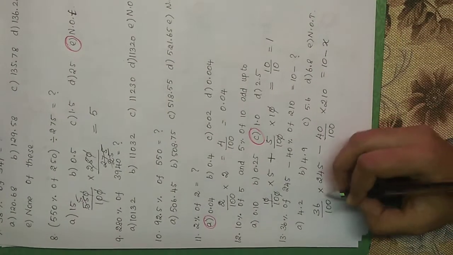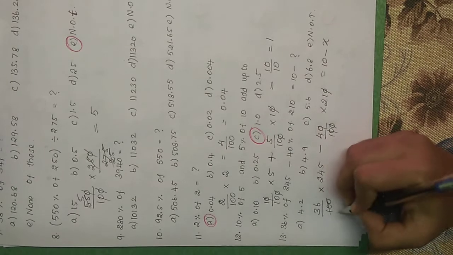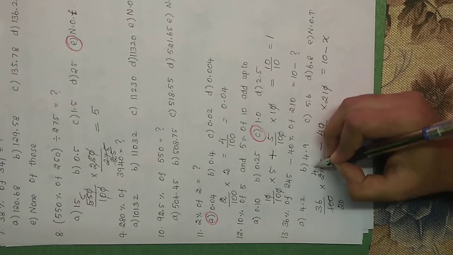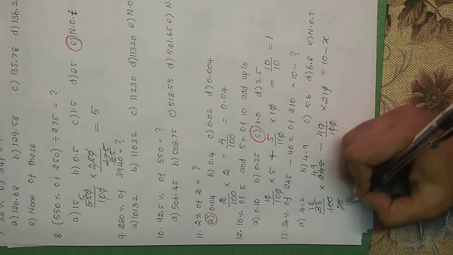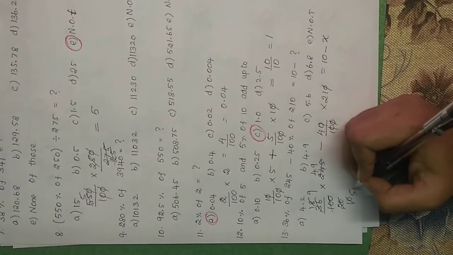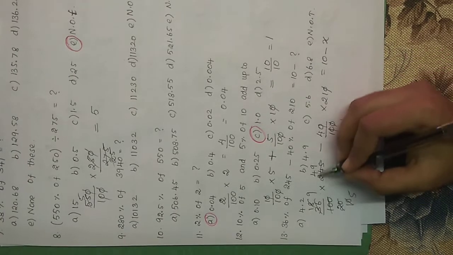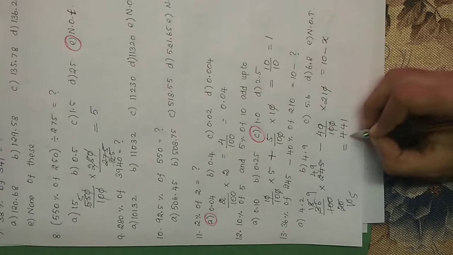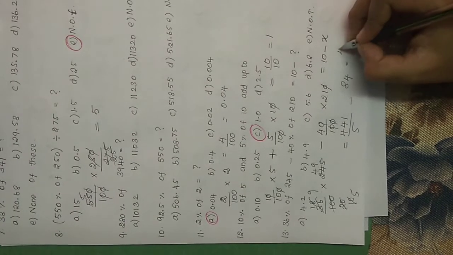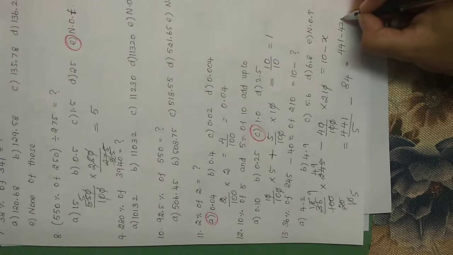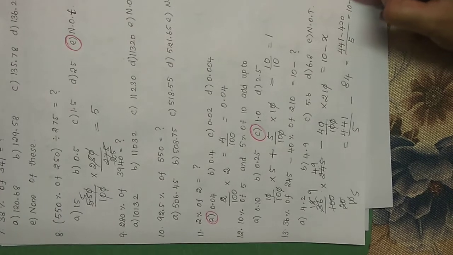So if we cancel, 5 4s are 20, 5 9s are 45, 9 into 49 is 441, divided by 5 minus 84 equal to 441 minus 420 divided by 5, that is equal to 10 minus x.